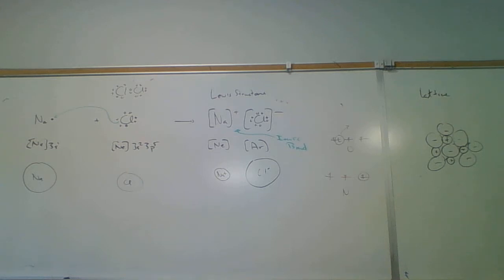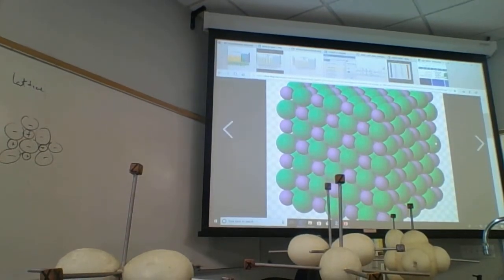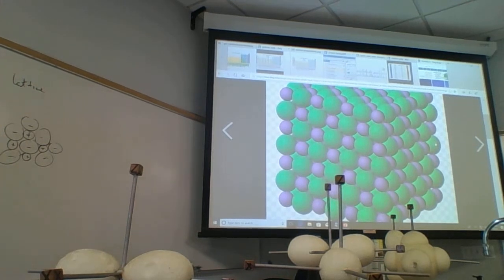They just pack together, they try to maximize. Each positive ball wants to be in contact with as many negatives as possible, and each negative ball wants to be in contact with as many positives. This is called a lattice. Ionic compounds form lattice structures. The Lewis structure just shows one formula unit of the lattice, and there are many, many formula units in the lattice. But this is the Lewis structure of sodium chloride here.